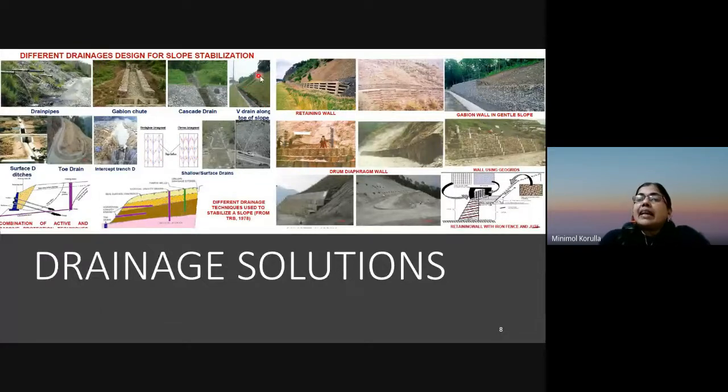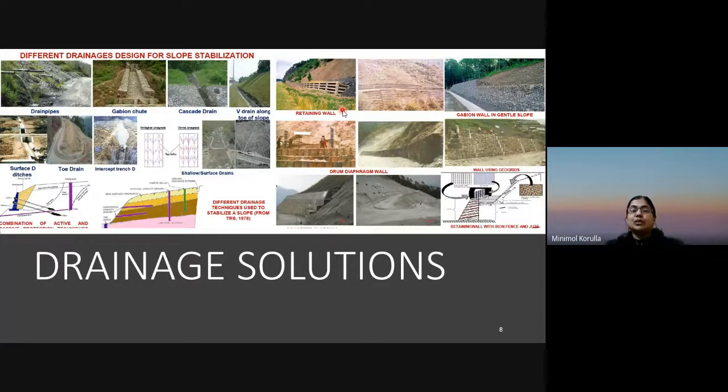Then there can be other types of drains, but I will call most of them just surface drains. My more interest here is to talk about the subsurface drains, because most of these slope instability problems will be originated by the subsurface flow.